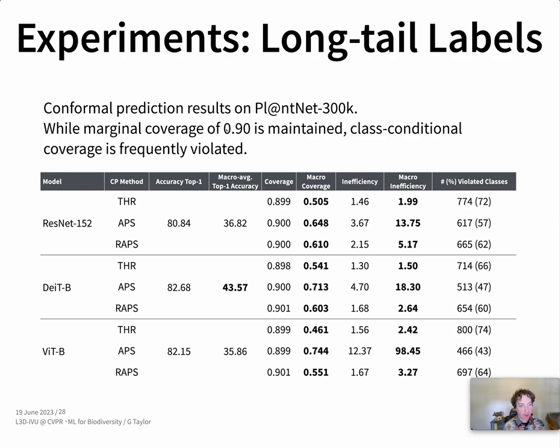We again aim at 0.90 marginal coverage, and we see whether we use CNNs or data efficient transformers or vision transformers, the coverage guarantee that we aim for, averaged over the entire data set, is actually maintained. But when we dip into looking at it on a per class or class conditional measure, we notice a significant drop between the guarantee across the data set and the guarantee on a class per class basis.